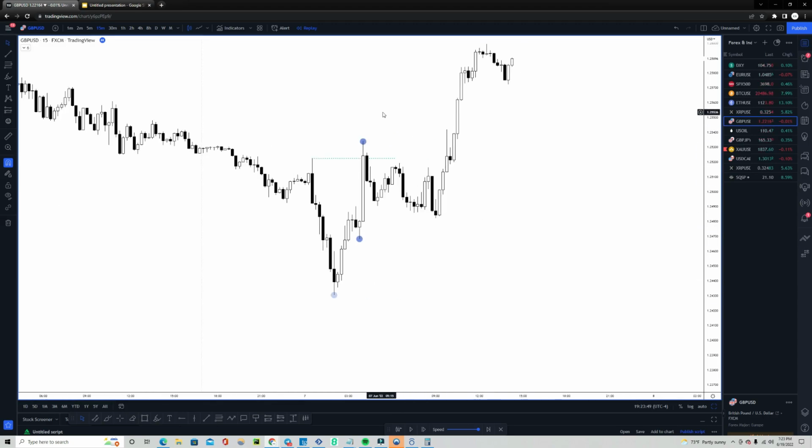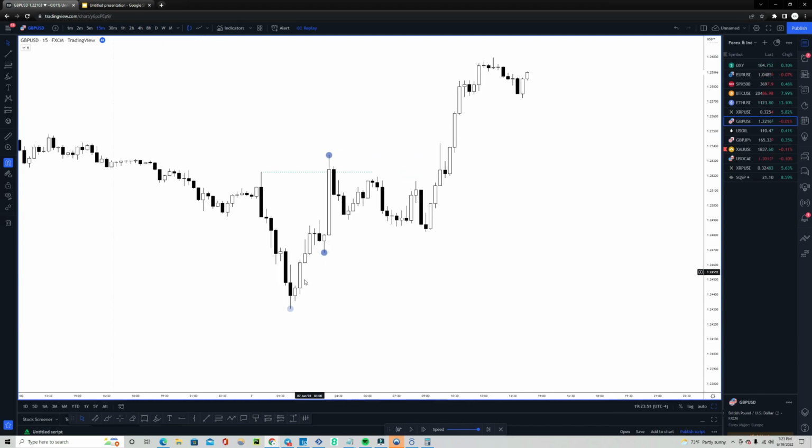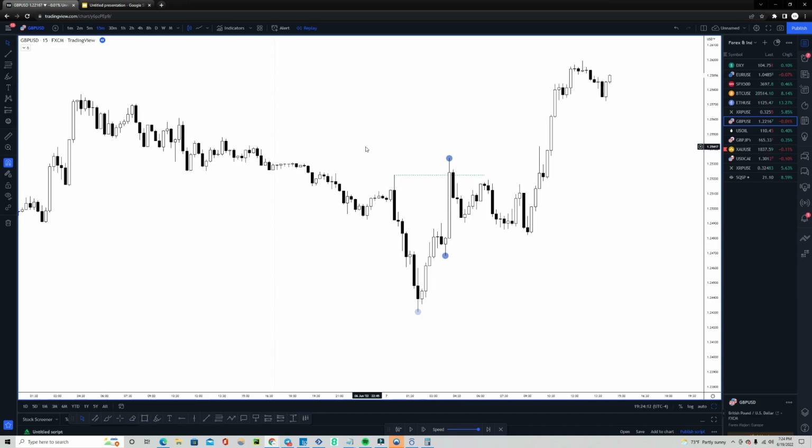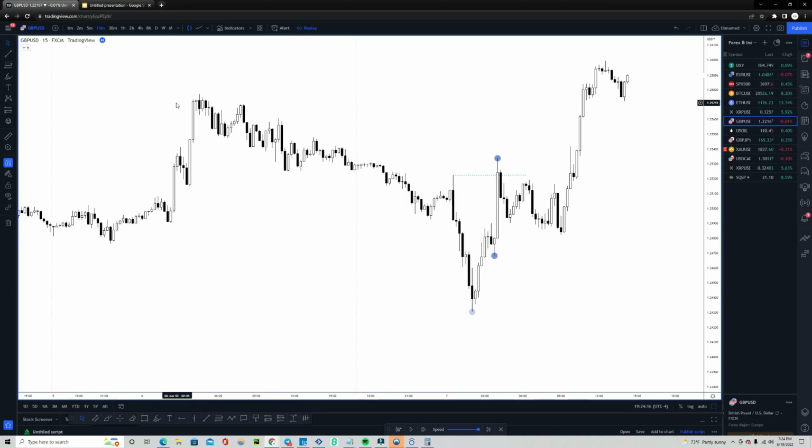I just wanted to cover this example and show you in real chart form the difference of the minor impulsive leg, which would be this low to that high that broke the structure, versus the ultimate low to the high that broke the structure, because this is our full leg and this is our minor impulsive leg. We're going to go into much longer depth on this example once we start talking about liquidity pools.